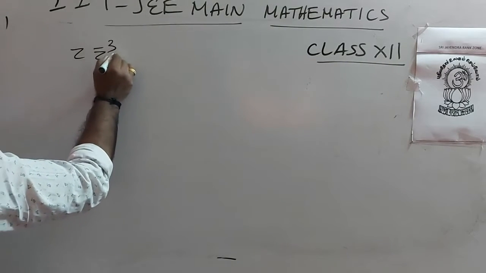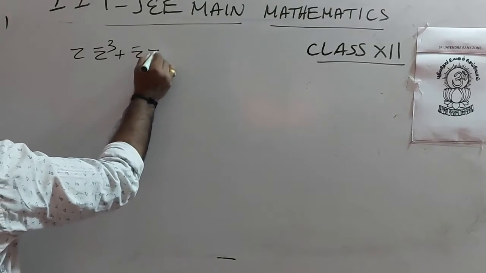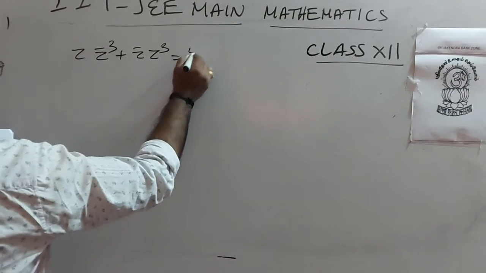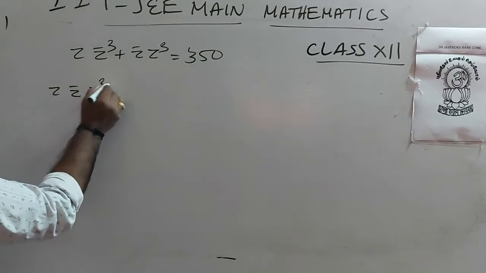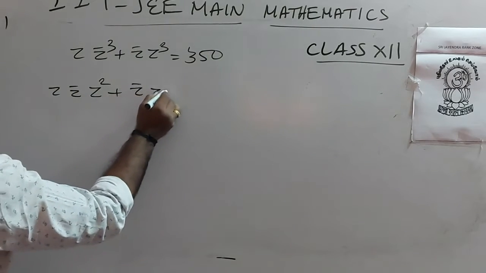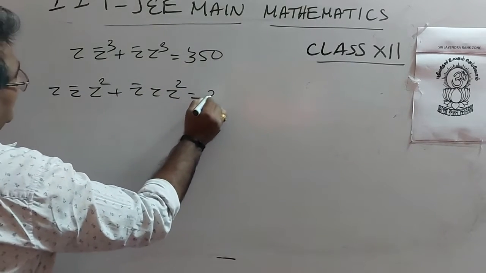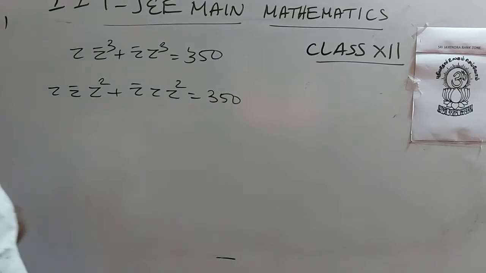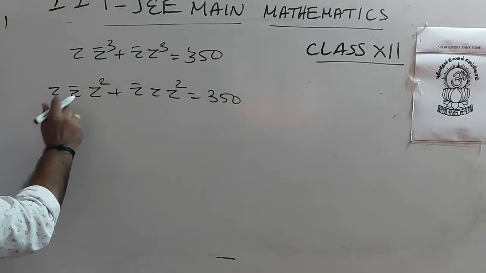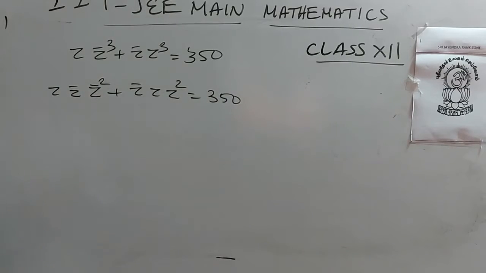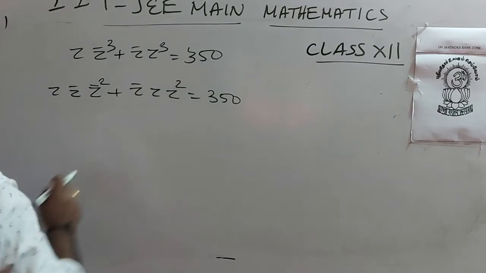z bar cube plus z bar z cube equal to 350. z bar z squared plus z bar z squared equal to 350. You can take z bar cubed as z bar into z bar squared, z cubed as z into z squared.